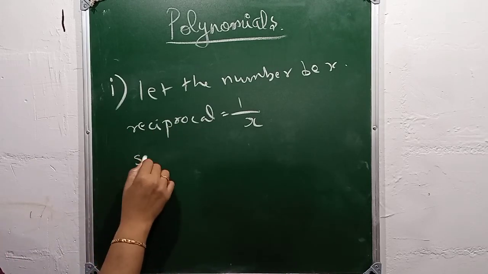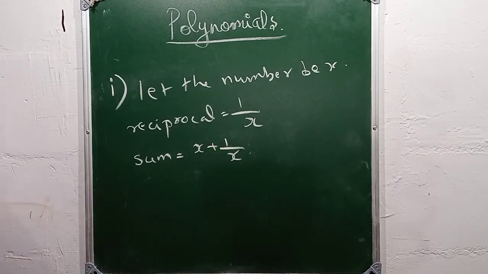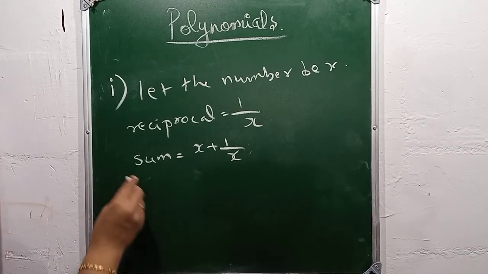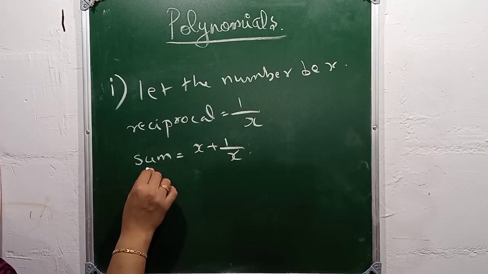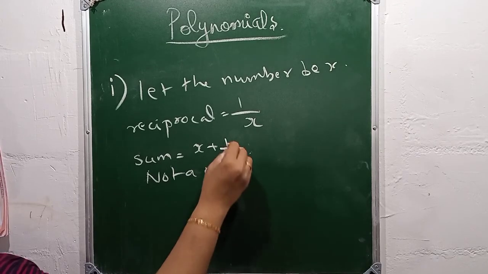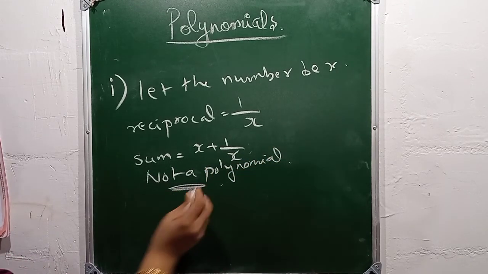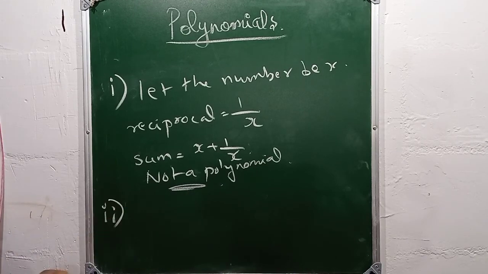Then its sum is x plus 1 by x. 1 by x means its power is x raised to negative 1. A polynomial does not contain negative powers. Therefore, this one is not a polynomial. So if a reciprocal like 1 by x comes, it is not a polynomial.